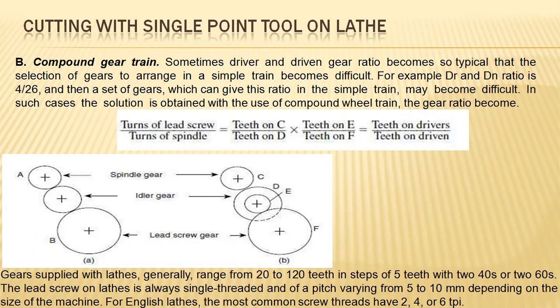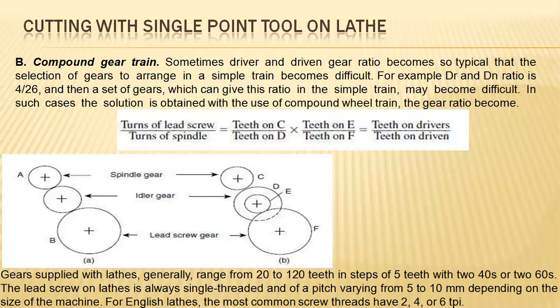In the case of a compound wheel train, the ratio becomes the turns of lead screw by turns of the spindle, nothing but the teeth on C by teeth on D into teeth on E by teeth on F, as specified clearly in the gear linkage alignments between the driver or spindle gear to the lead screw gear, and this is the ideal gear that is acting as connectivity for transferring the power from the driver to the driven shaft.